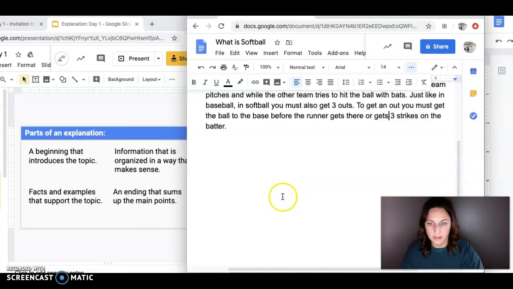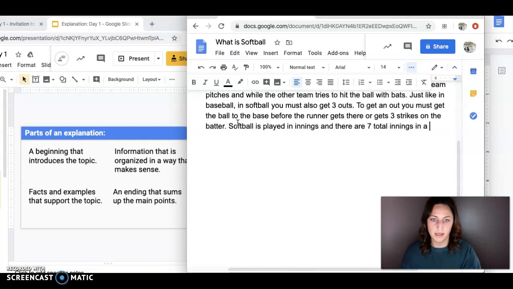All right. I'm going to keep going and I'm going to explain about innings. Softball is played in innings, and there are 7 total innings in a game.